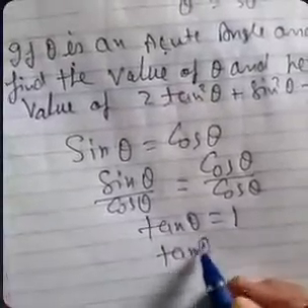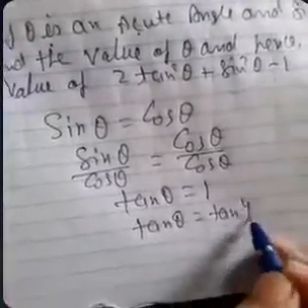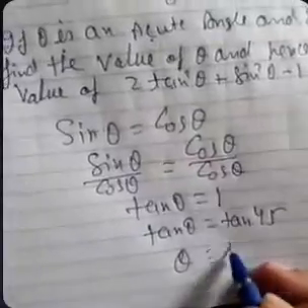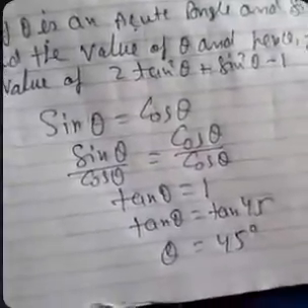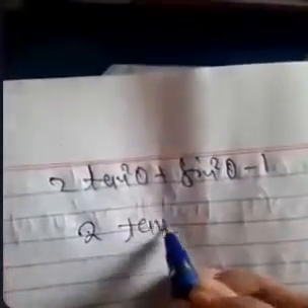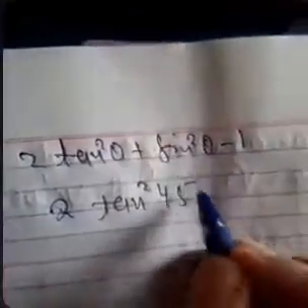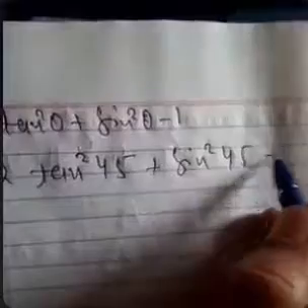Now tan theta is equal to tan 45 degree. Value of theta is equal to 45 degree. Now putting the values of theta, 2 into tan square 45 plus sin square 45 minus 1.